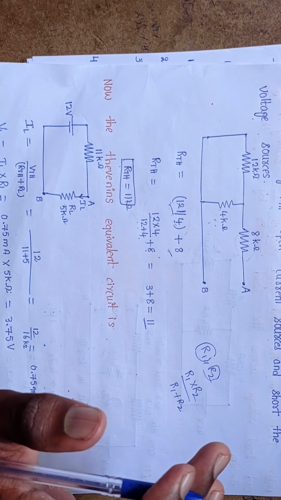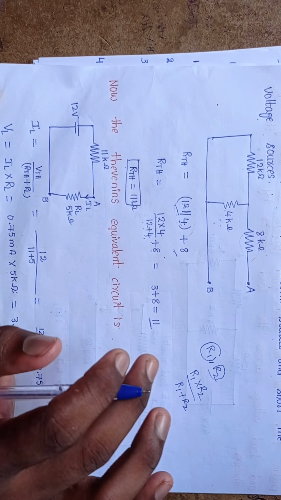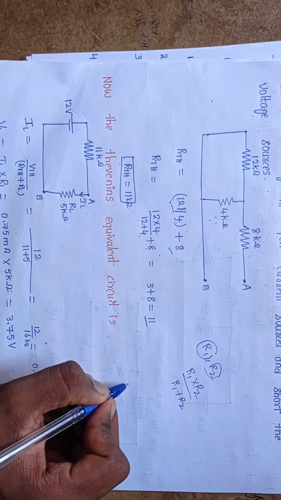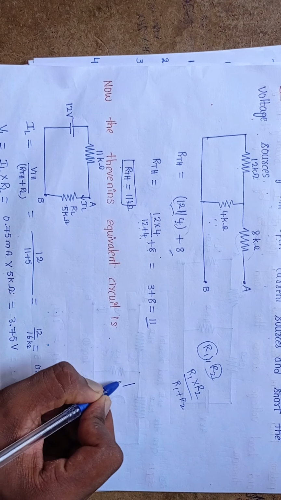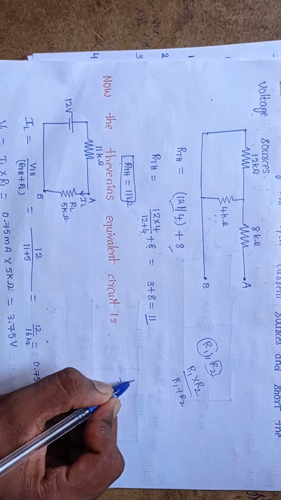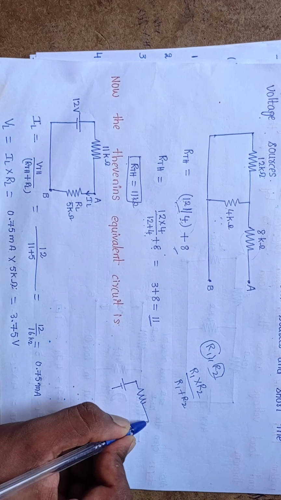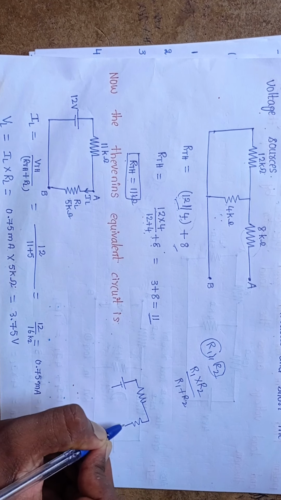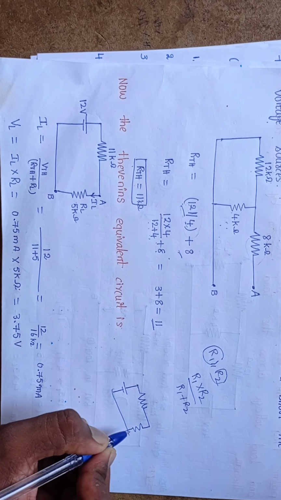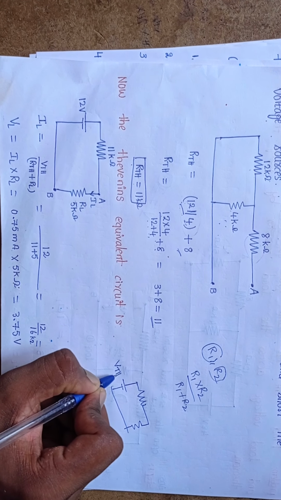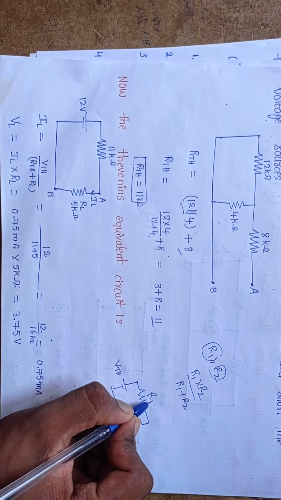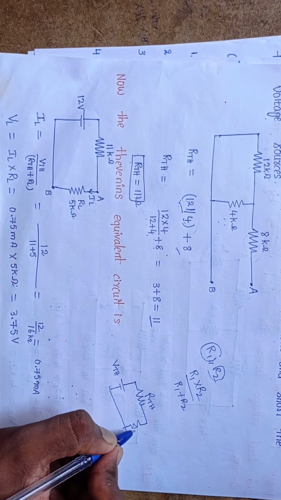Now we know both VTH and RTH. Thevenin's equivalent circuit is nothing but the VTH connected in series with the RTH, and these two are connected in series with the load resistance. Observe, this is VTH and this is RTH, and this is RL.